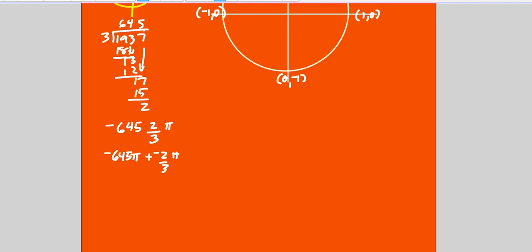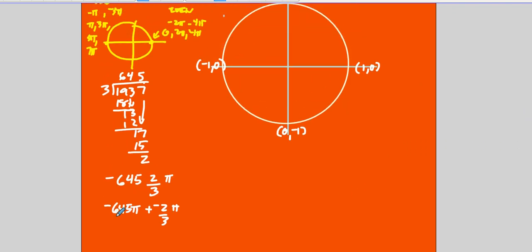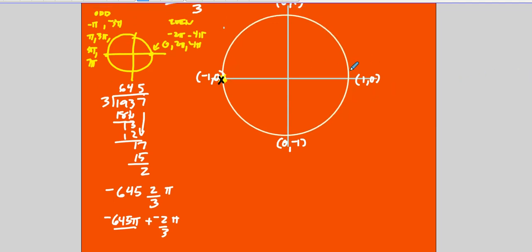In other words, this is negative 645 pi plus negative 2/3 pi. So that means on a unit circle, since this is an odd multiple of pi, we're going to start here. Okay, let's mark that where we can see it. Let's do black. So that's negative 645 pi, which is coming this way, a negative rotation.